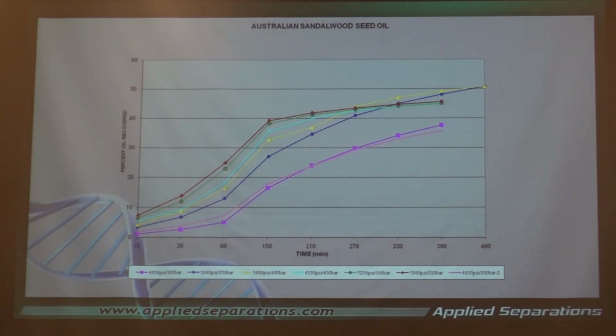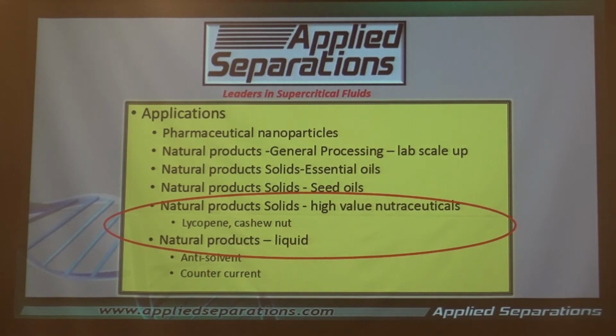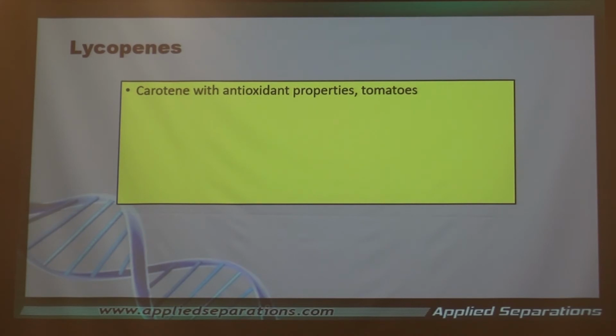Other examples of this, here's some sandalwood. The best pressure, percent recovered, here we are, 800 bar. I want to talk a little bit now about how it's not pressure all the time. It's also interesting that you can use temperature, the kinetics, and lycopene is another example of this. Lycopene is in tomatoes.